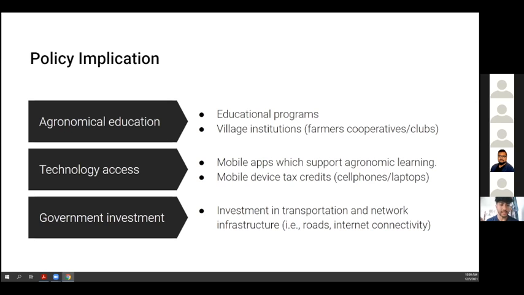And to increase access to technology, we would recommend mobile apps, which would support agronomic learning, as well as mobile device tax credits, such as for mobile devices, for cell phones or laptops. And for government investment, we would recommend more investment in transportation and network infrastructure, which would help increase access to markets.